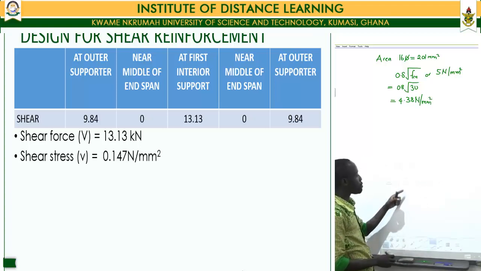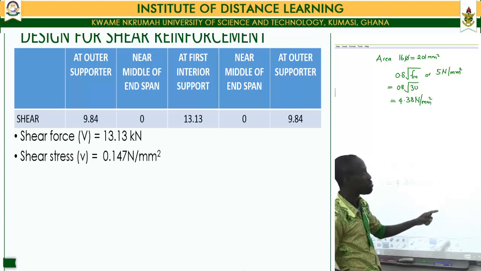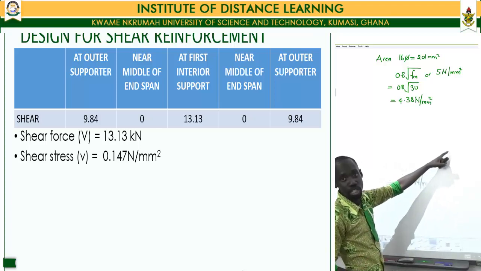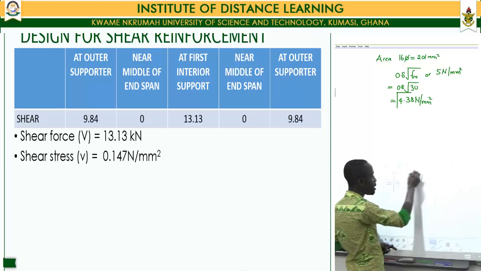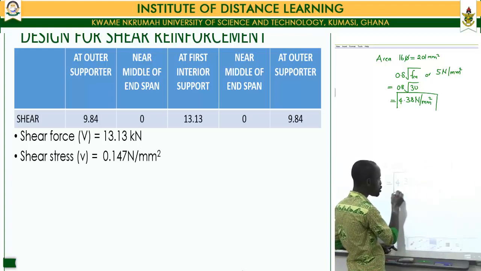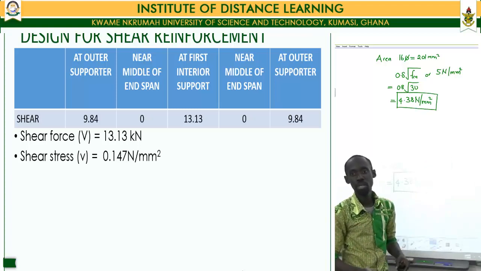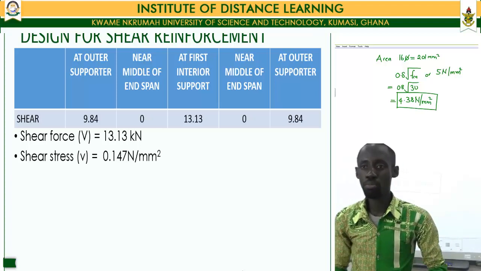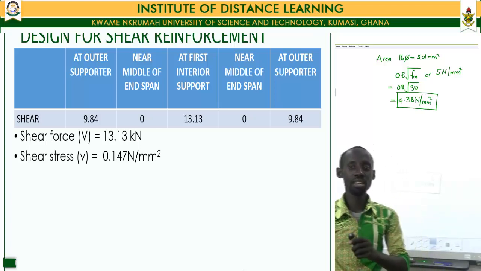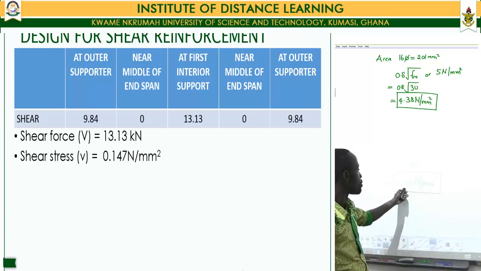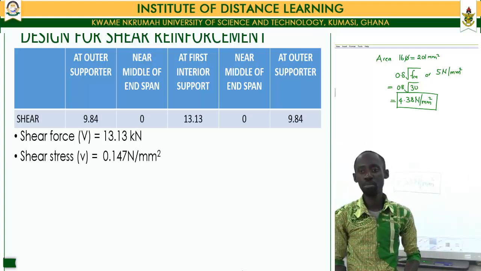Now, because we have the 4.38 newtons per millimeter squared being lesser than the 5 newtons per millimeter squared, our limiting value for our compression shear becomes the 4.38 newtons per millimeter squared. So then, per the provisions of the BS code, under no circumstance are we supposed to let our shear stresses in the beam exceed a value of 4.38 newtons per millimeter squared.